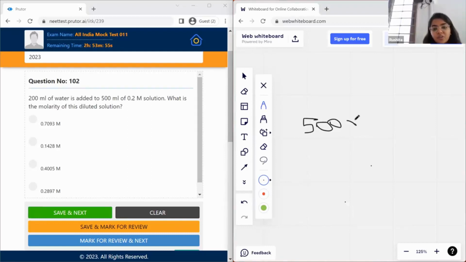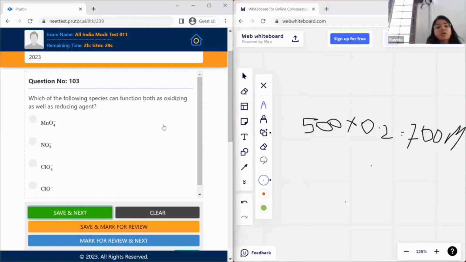And we need to find the new molarity, and the new volume would be 700 because 200 ml is added. So total volume becomes 500 plus 200, so it will be 700. You need to find the new molarity, which is M. So if you just solve it now, you'll get the answer as 0.1428.